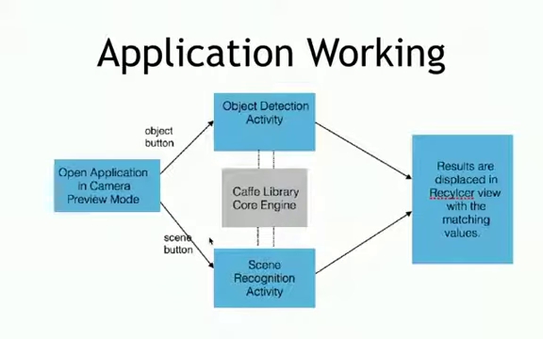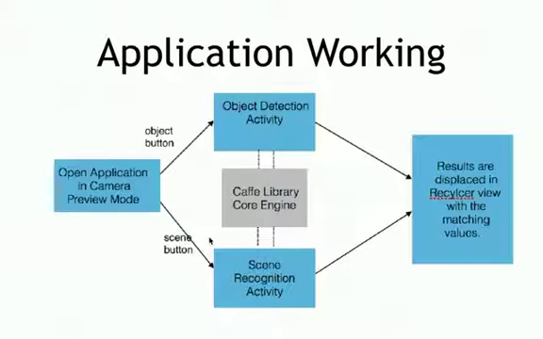So here is the working principle. Once you click a picture from the camera preview mode, you have to click a button either on the object mode or the scene mode. When the photo is clicked in object mode, the object activity is triggered, and it will send the picture for processing to the Caffe core library with the defined object mode utility.